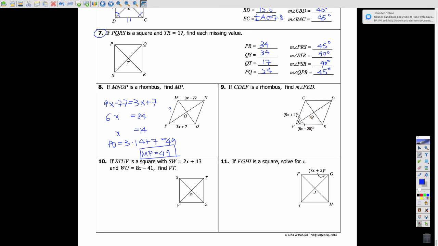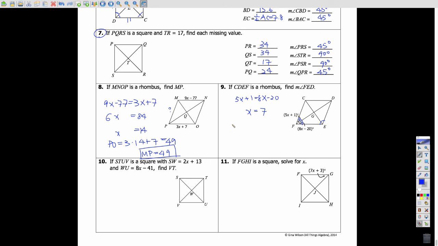This one, again, it's a rhombus. Remember, diagonals bisect the angles. So the two angles right here, 8x minus 20, should be exactly the same. And if you solve this, x equals 7. Now we're asked to find angle FED. FED, which is this angle, right? So this angle is consecutive to these total angles.